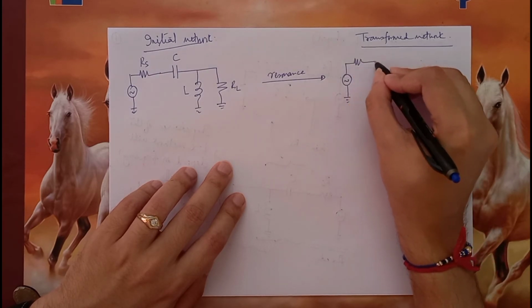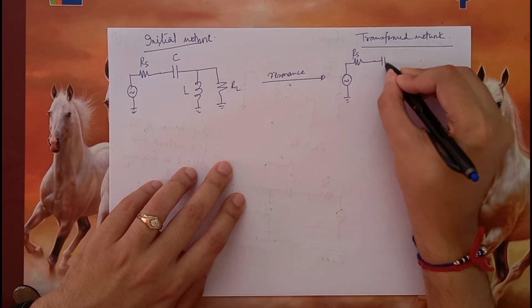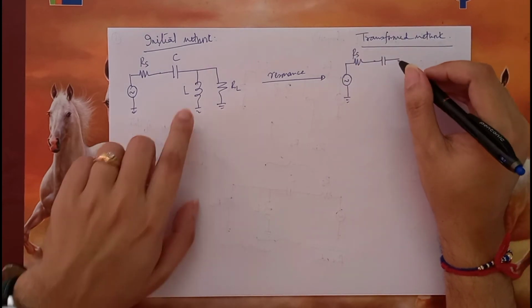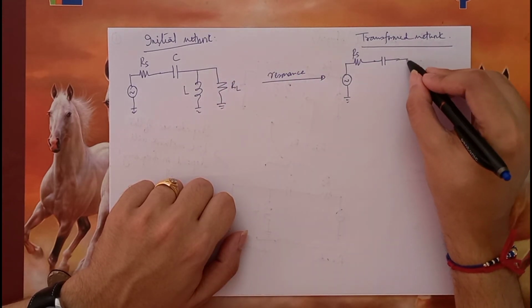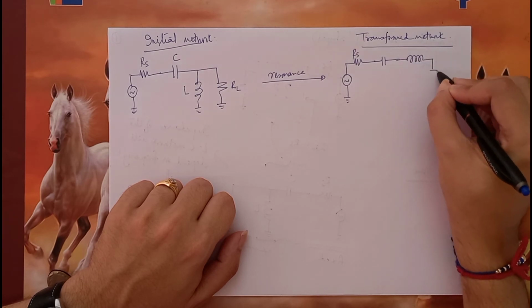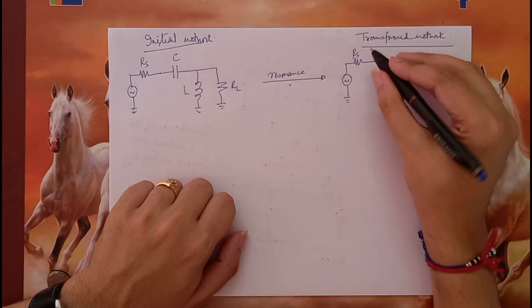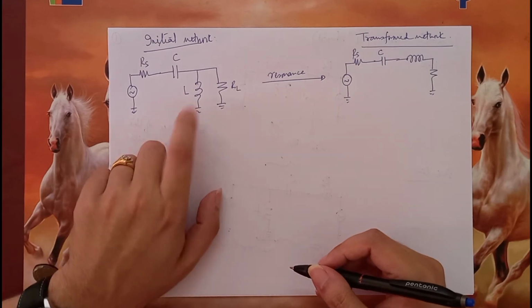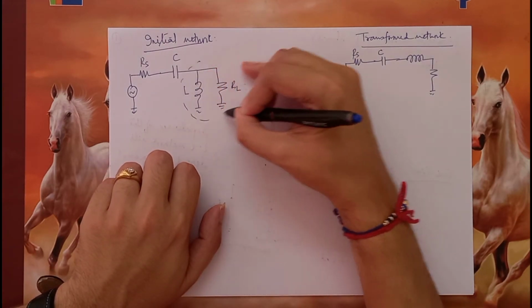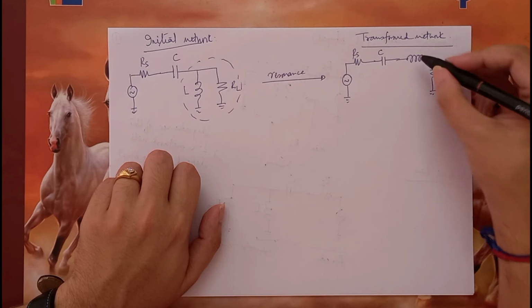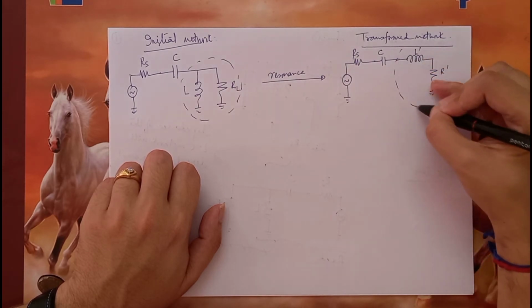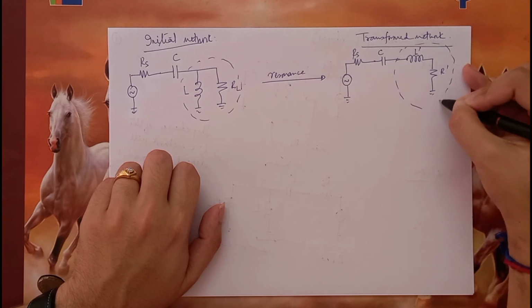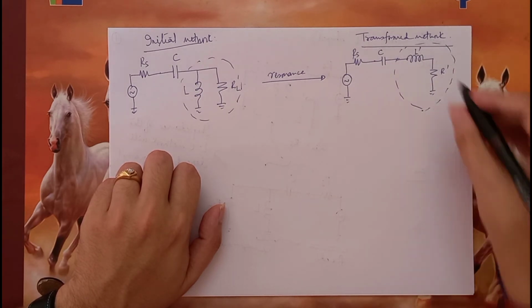Well, here it's not really a dummy. And this L and RL network, which are currently in parallel, will become a series network. So the capacitor will not change, but this will become transformed. Let's call this L prime and R prime.